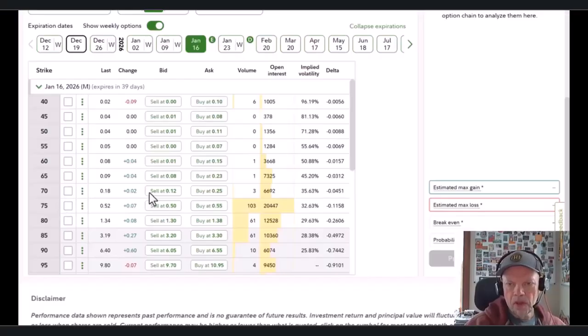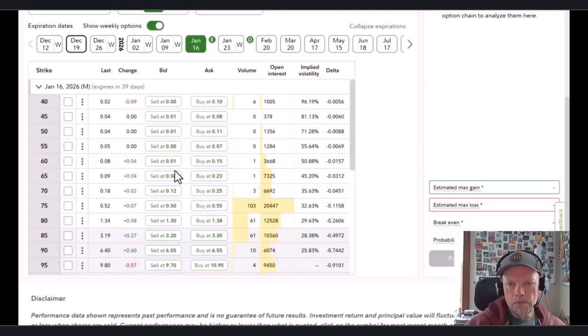So if I look at the 80 strike price, currently at 130, this is about 5-6 weeks away, which is a little bit farther out than what I typically like to do. I like to go about anywhere from 2 to 4 weeks out. That's just me.